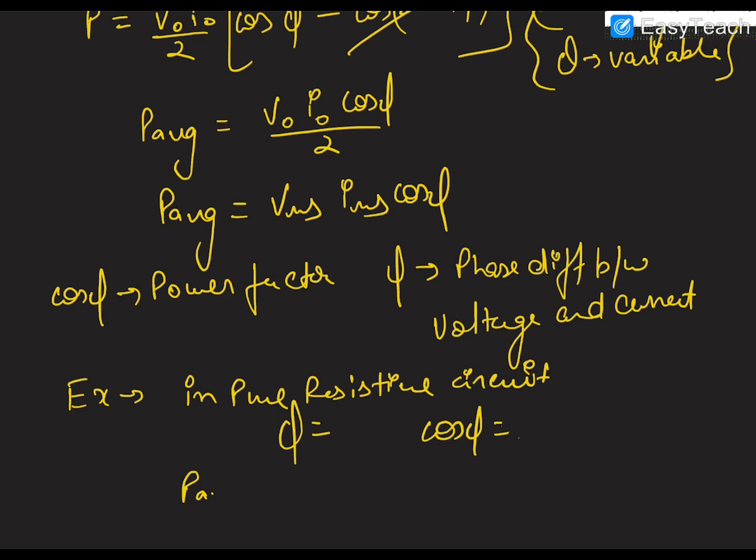I'll explain this phase in the later part of this series, in the upcoming videos, why I am saying that in a pure resistive circuit voltage and current have 0 phase difference.